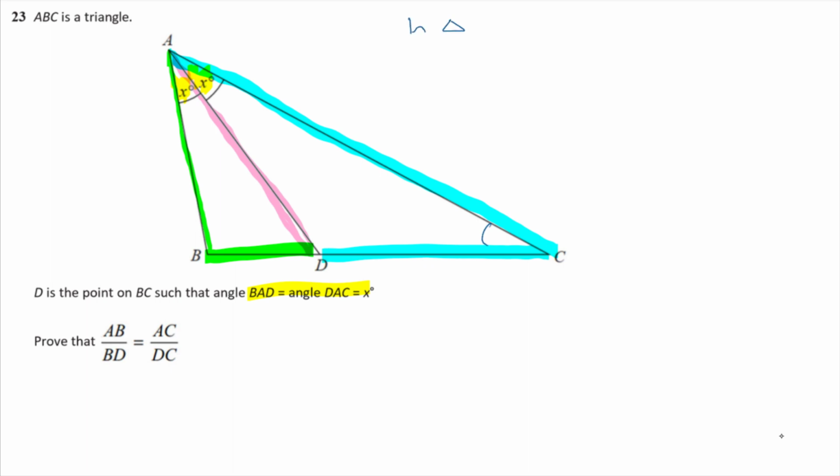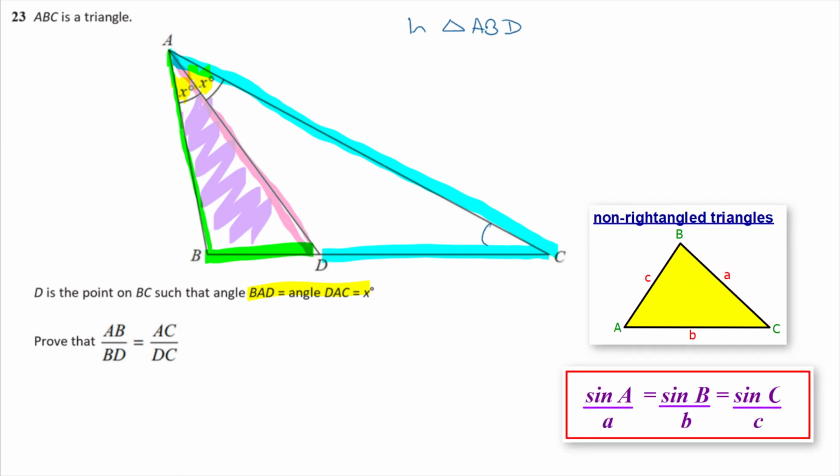In triangle ABD, can you see triangle ABD? It's this one inside this triangle here. Okay, so we're going to apply the sine rule here. The sine rule says a over sine A equals b over sine B is equal to c over sine C. Basically, the side over its opposite sine angle is equal to a side over its opposite sine angle.